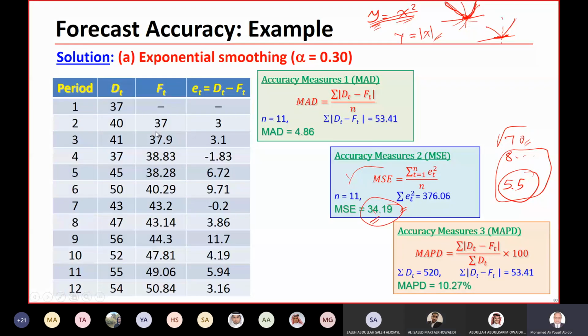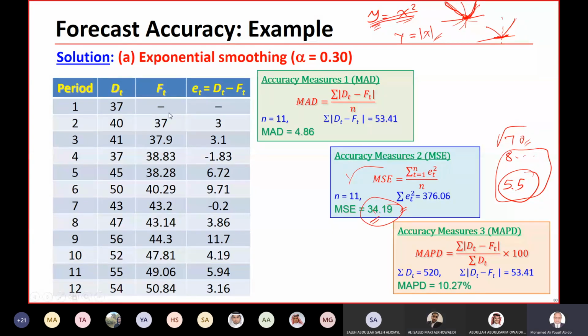But it is not right to use 12, because how much would this forecast be? Are you going zero? No, you can't say zero. I have 37, so would the forecast be zero? Not reasonable. At least say 37. Okay, consider it as 37 and divide by 12, no problem.